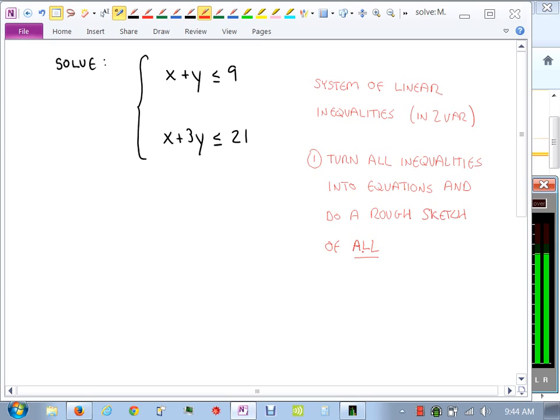I want to put them all on the same picture. I don't want to do one drawing and then a separate drawing and then a separate one.